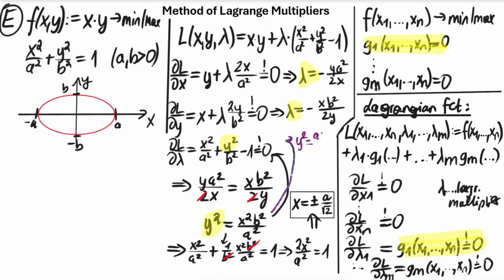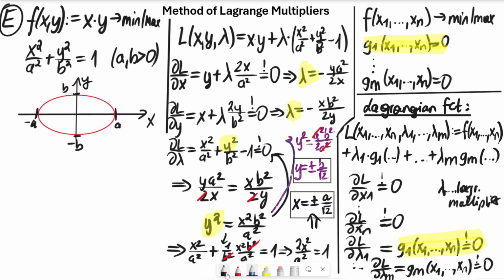So it is then a squared b squared divided by 2a squared. Should be fine, because x squared is a squared divided by 2. And you simply get here now the values for y, which is again plus minus. Simplify the a squared again. b divided by the root of 2.